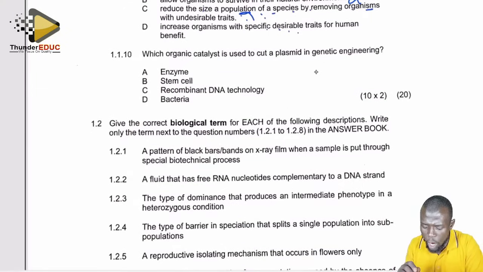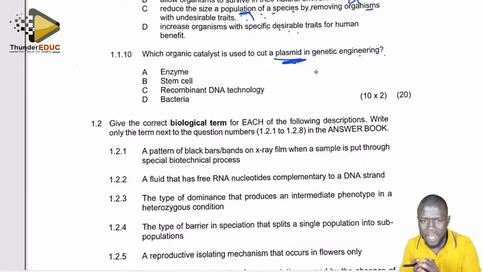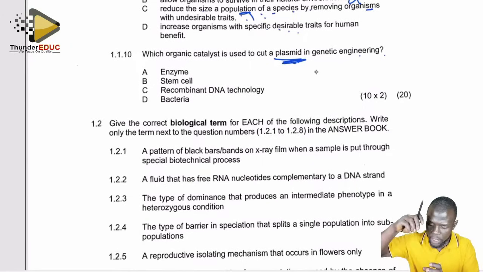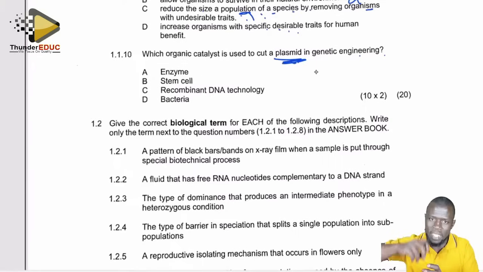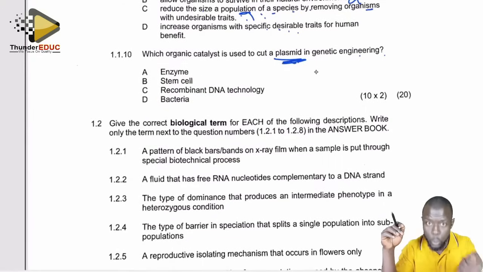1.1.10. Which organic catalyst is used to cut the plasmid in genetic engineering? Remember, a plasmid is found in the bacteria. This plasmid is the one where the enzymes are used. We call them restriction enzymes.